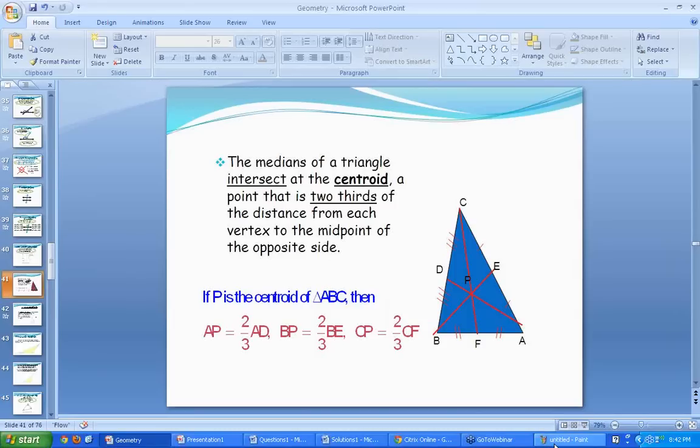I am very happy that most of you are getting the concepts. The median can be the height or altitude of a triangle in an equilateral triangle, and also in an isosceles triangle, but only on the side which is not equal. I hope you got this point.